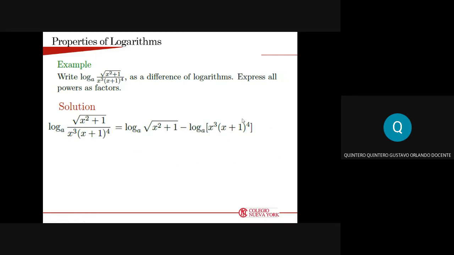We can expand this into addition, and this is how it goes. The first logarithm, you're going to leave it alone because we're not doing anything to it yet. And for the second one, we have the first factor in the first logarithm and the second factor in the second logarithm: x cubed and x plus 1 to the fourth. There it is.